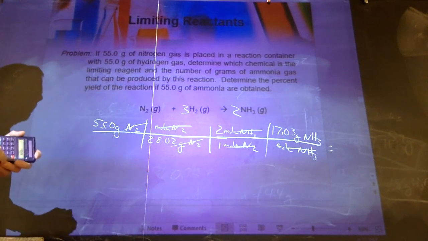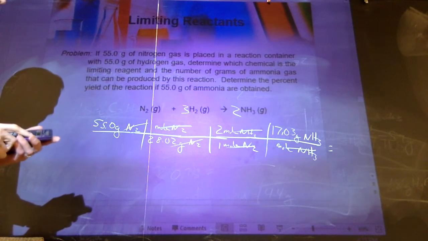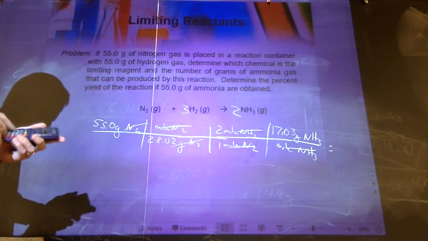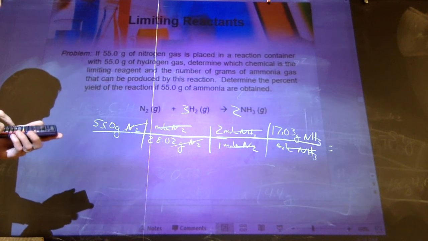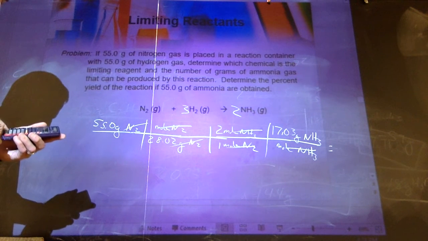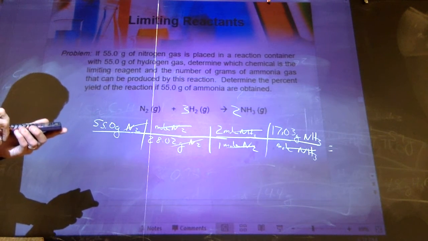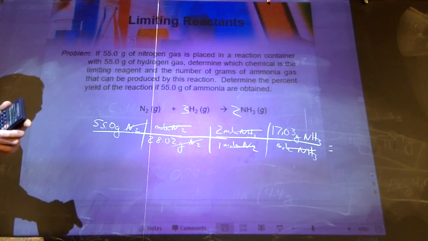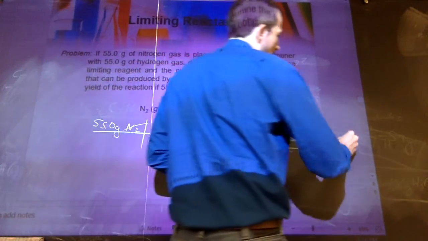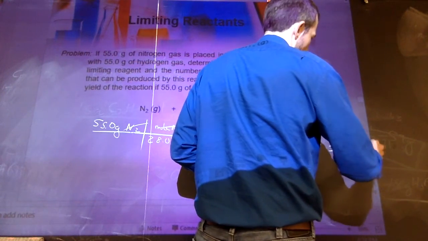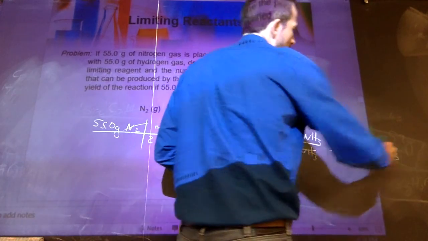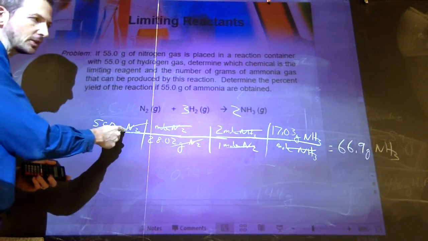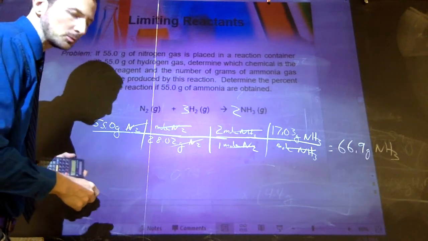So that's how many grams of ammonia would be produced: 55 times 2 times 17.03 divided by what's on the bottom, 28.02. I get 66.86, so 66.9. So that's if all 55 grams of nitrogen reacted, that's how much ammonia would be produced.